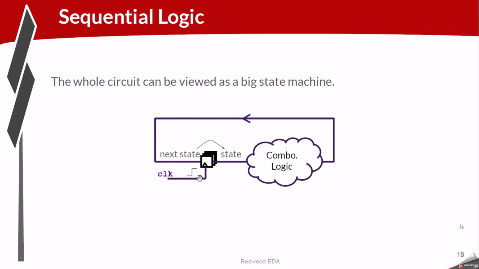With every cycle of the clock, our state goes through combinational logic, resulting in next state, and with each clock edge, we allow that next state to become our state. So with each cycle of the clock, we're performing some new computation in our combinational logic, and we just iterate on that. Every cycle, we repeat that computation based on our updated state.